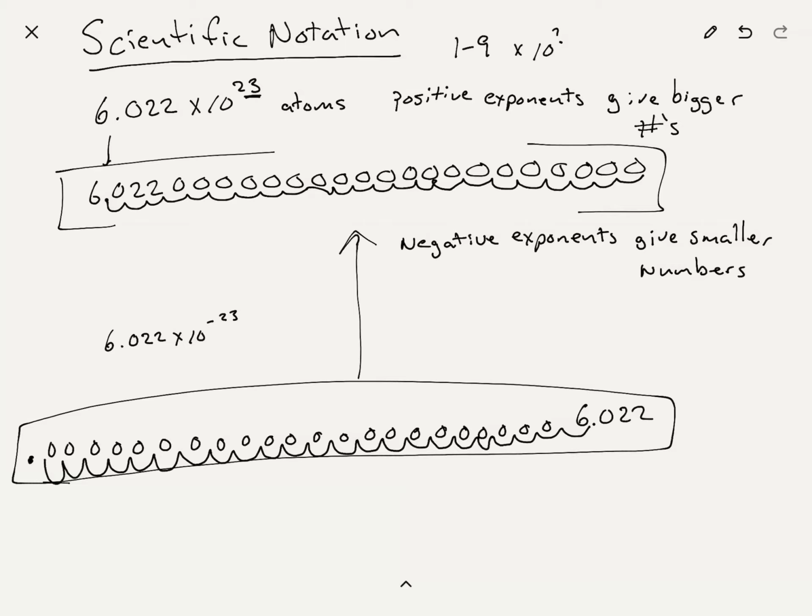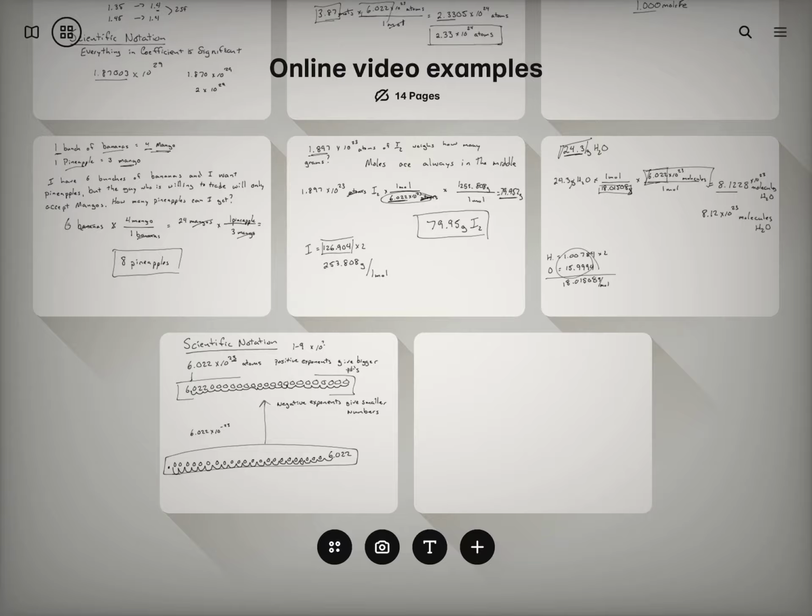So it is very important that we get the correct exponents and the correct number of moves for our scientific notation. I'm going to give you a couple real life examples.